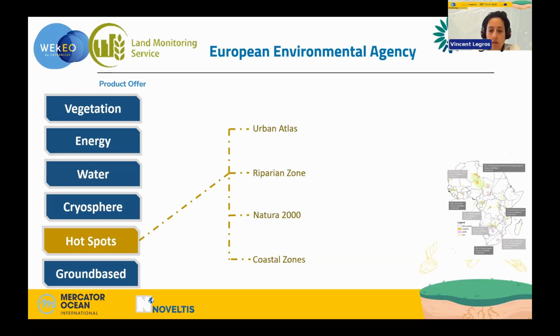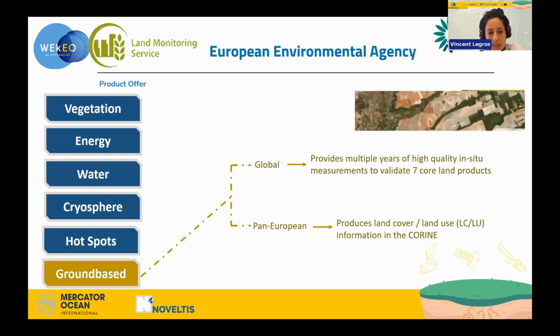Hotspots, there is also some information related to different areas of the globe: urban, river areas, Natura 2000, which includes more ecosystem classifications, natural biological classifications, and coastal zones. And ground-based, at a global and European level.